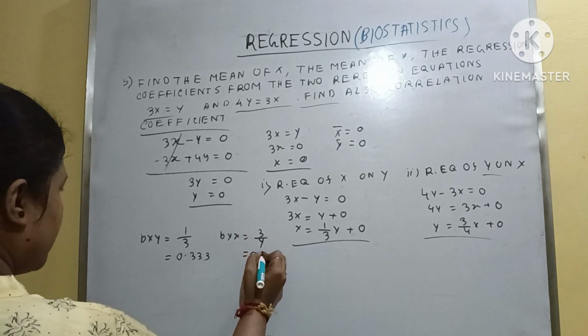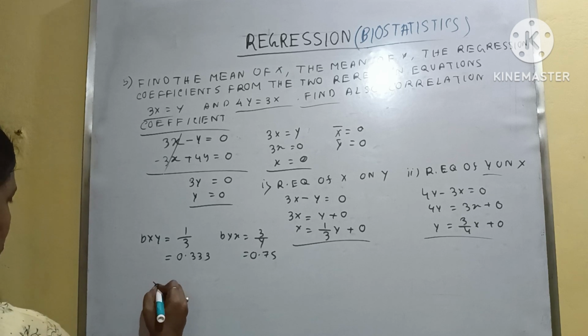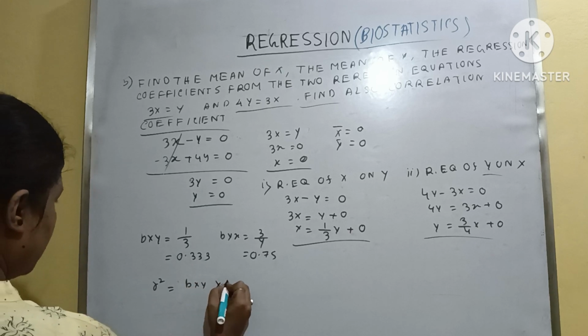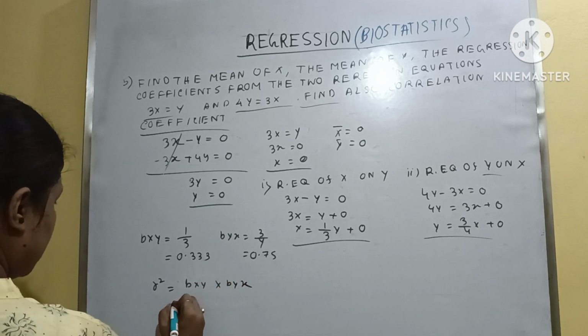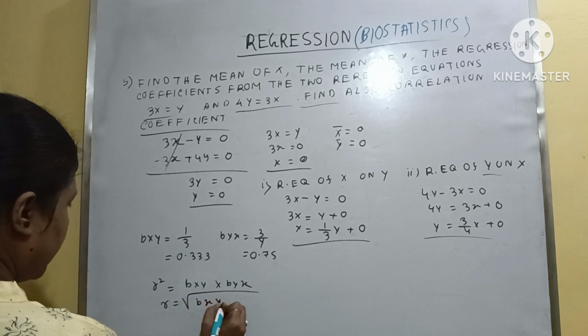So the value is 0.75. Clear? Now r equals, first r square equals bxy into byx. So r equals root over of bxy into byx.